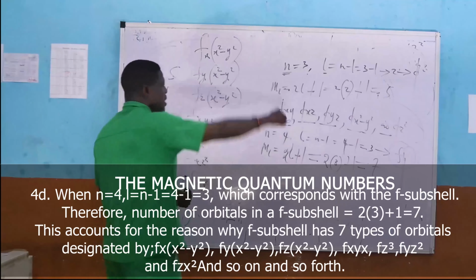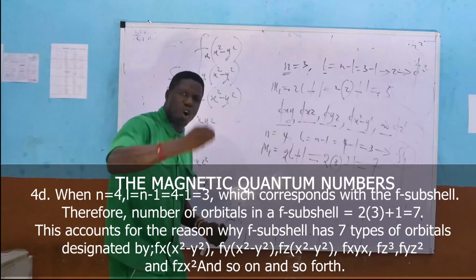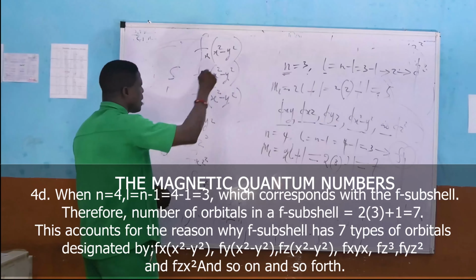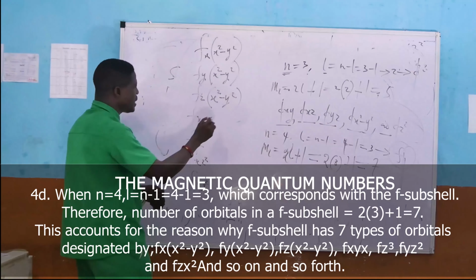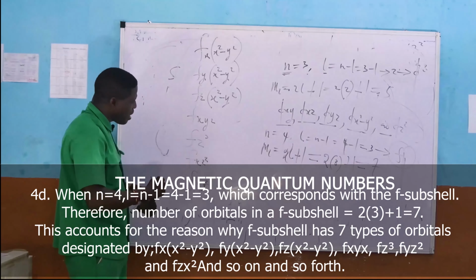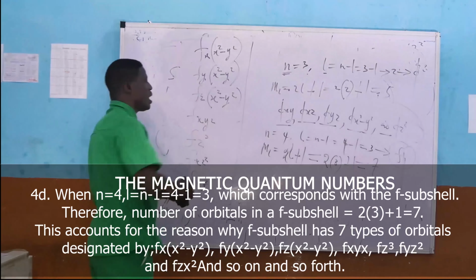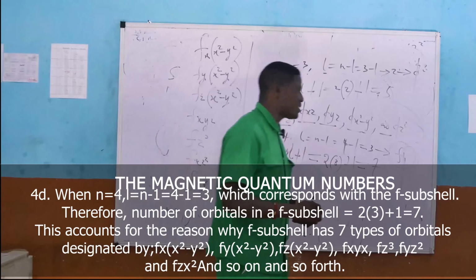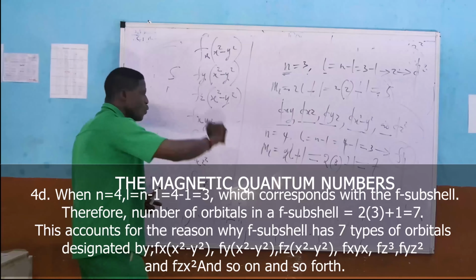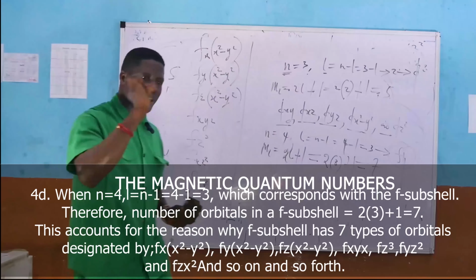And finally, for now, inside of the F subshell, there are 7 subshells, known as fx(x squared minus y squared), fy(x squared minus y squared), fz(x squared minus y squared), fxyz, fz cubed, fxz squared, and of course fyz squared. These are the 7 subshells that are contained inside of the F subshell.